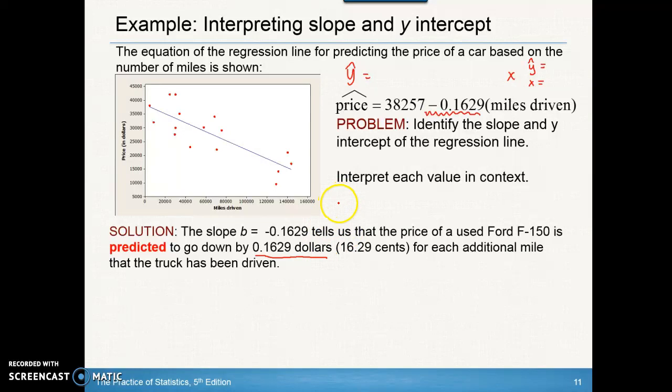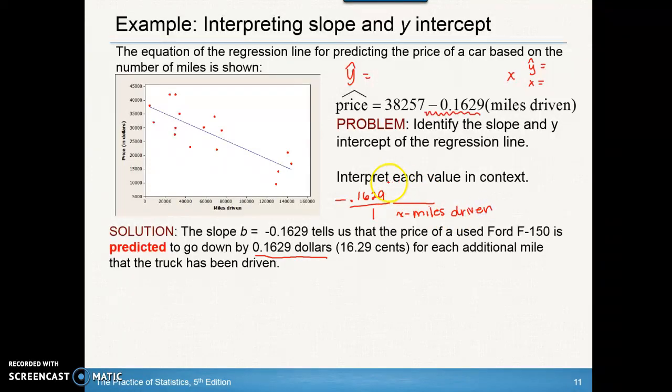If you're having trouble writing this equation, here's what I always do. I always write the slope. I put it over 1, just to make it a fraction, and then I write on the bottom and the top what they mean. So the bottom is your x's, in this case, miles driven.